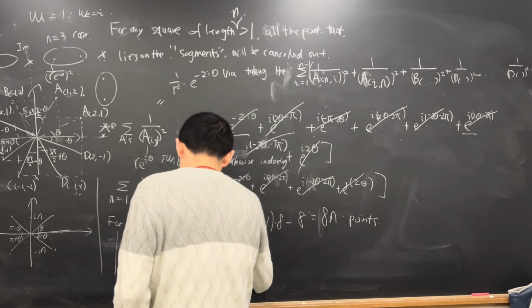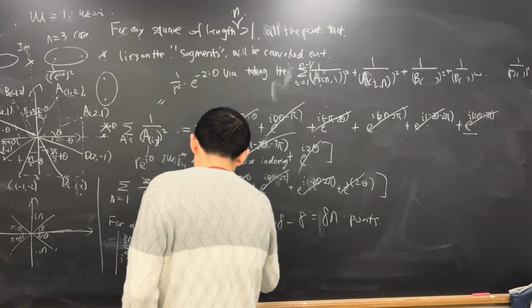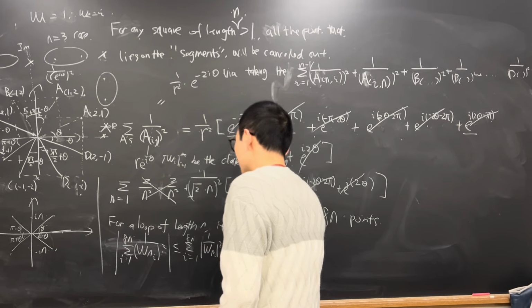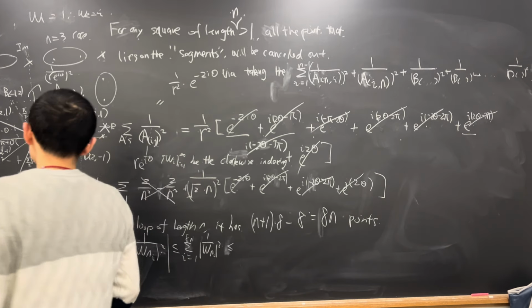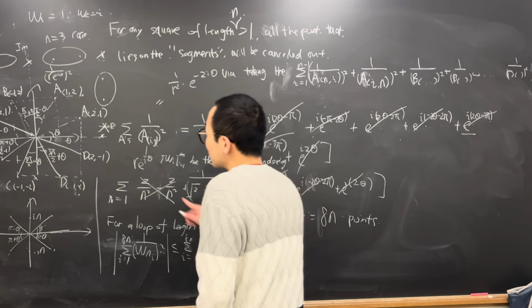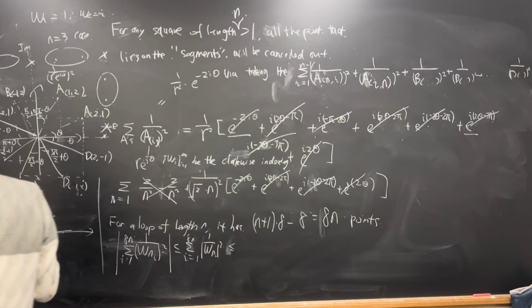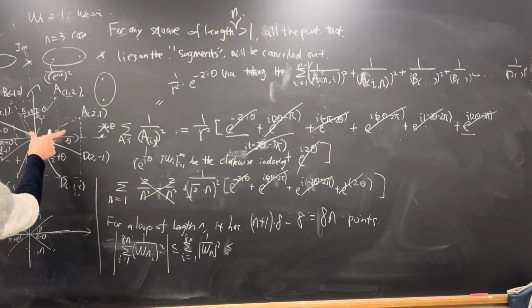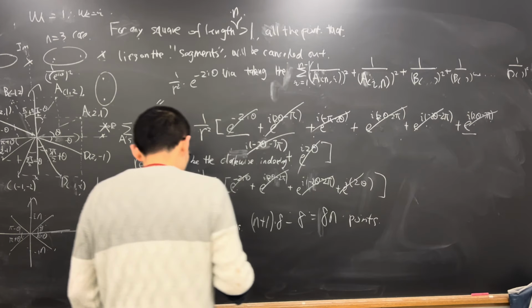The modulus is taken over the bottom, so again I'm using a lower bound for the denominator, with n being the loop length.